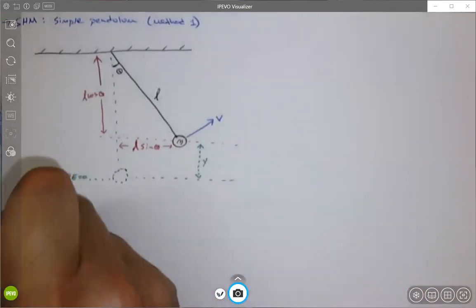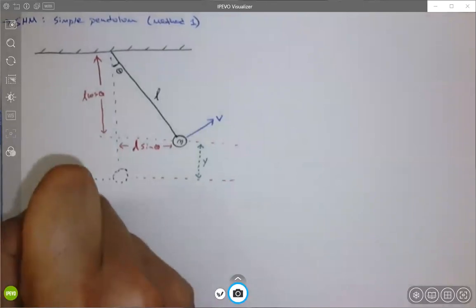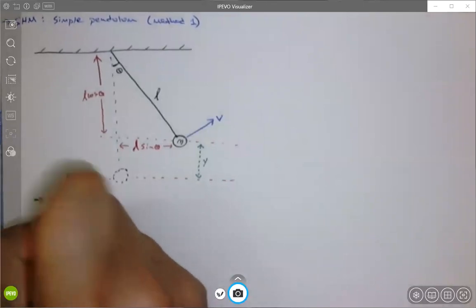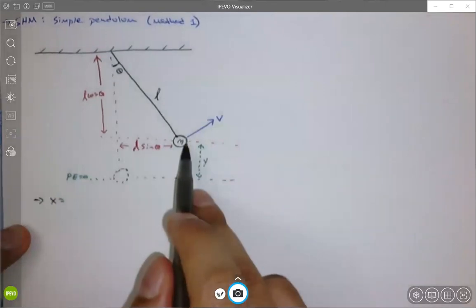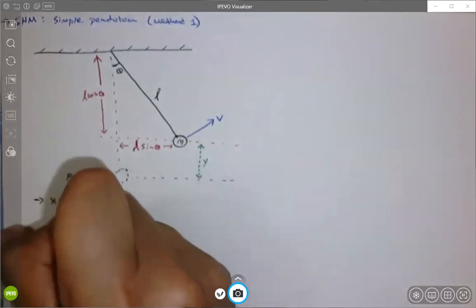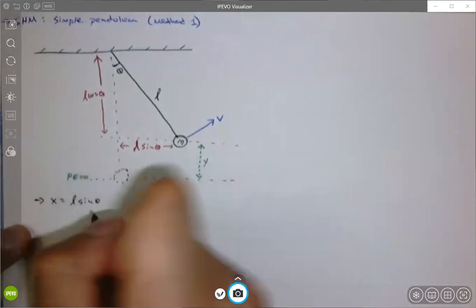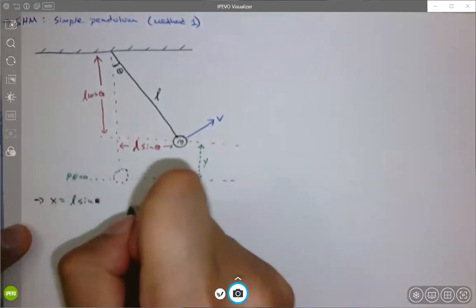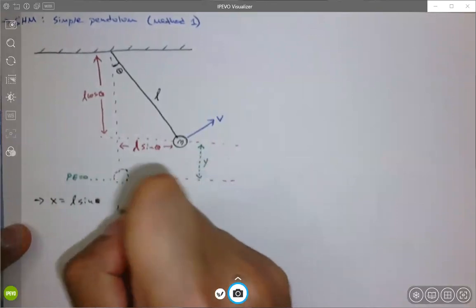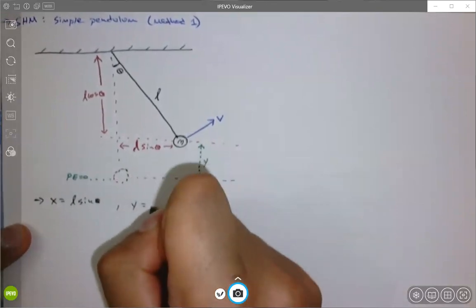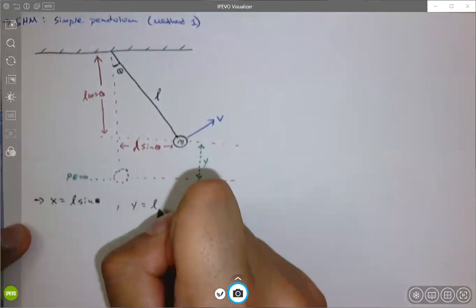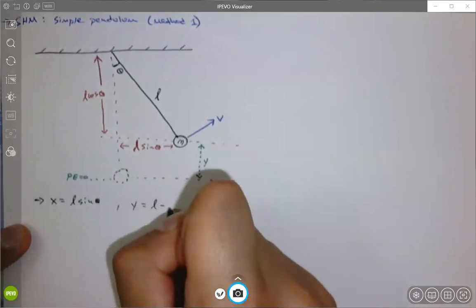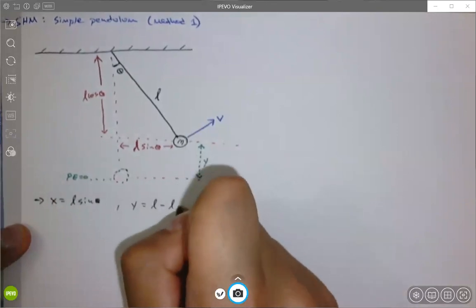So what we're going to do is write down our position values first. x is given by L sine theta, and y is going to be given by L minus L cosine theta.